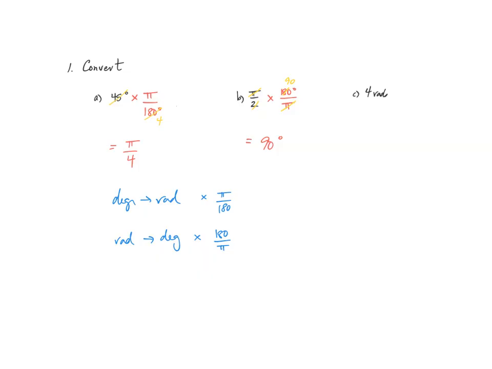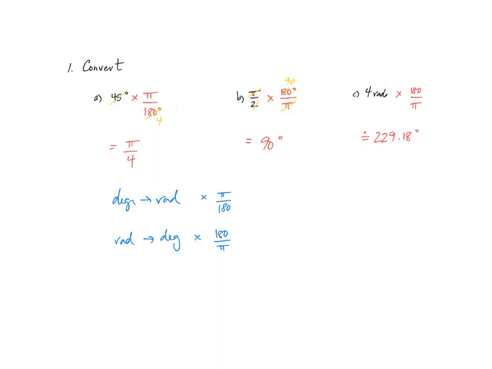So in that instance, if I'm changing it to degrees, then I need to multiply by the form of 1 that puts degrees on top. And so if I do a quick calculation and I have 4 multiplied by 180 divided by pi, I'm going to get approximately 229.18 degrees.